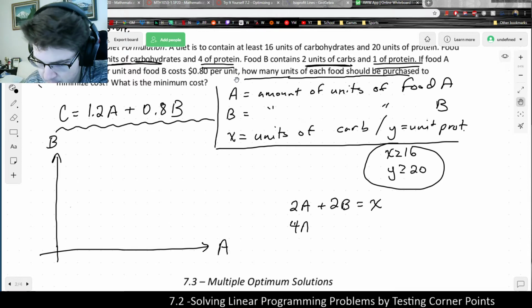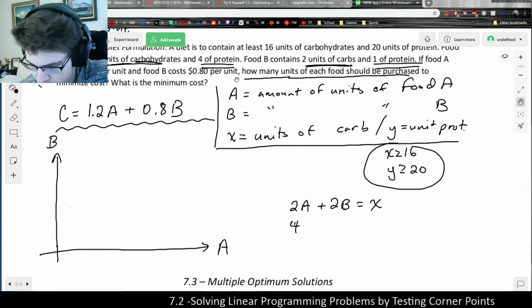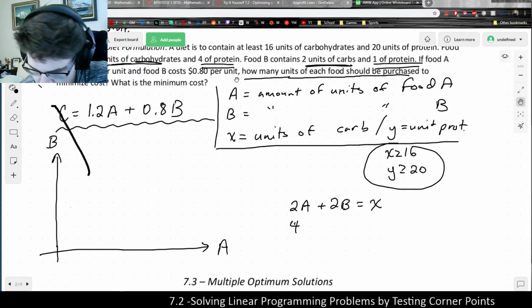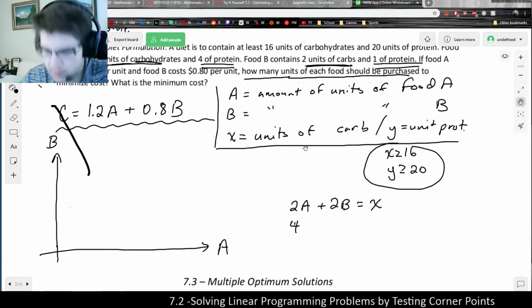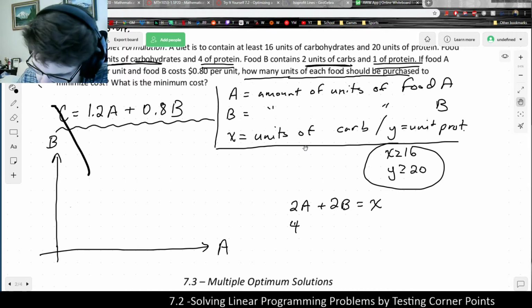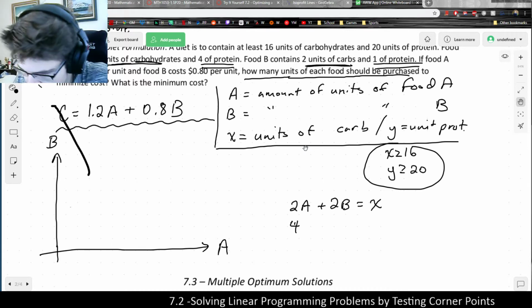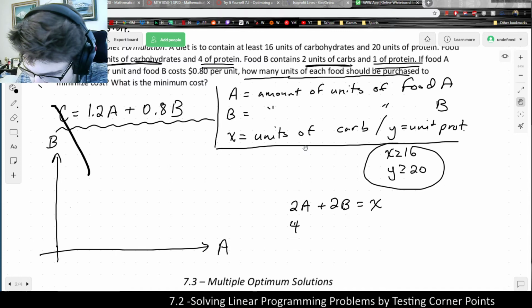Let me make that cleaner. My window size is messed up, and I don't know what's going on. I'm going to refresh, hopefully not having to redo this whole thing.